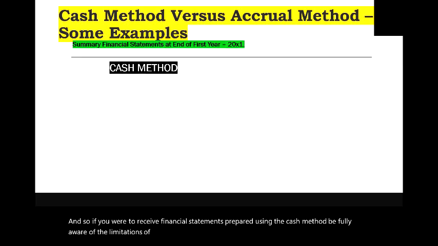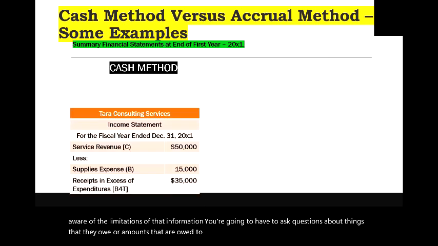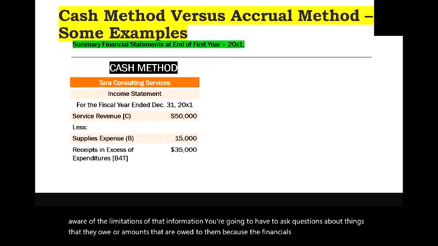And so if you were to receive financial statements prepared using the cash method, be fully aware of the limitations of that information. You're going to have to ask questions about things that they owe or amounts that are owed to them because the financials would not reflect that.